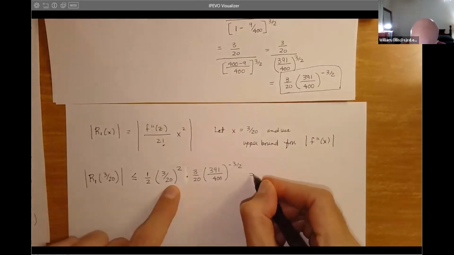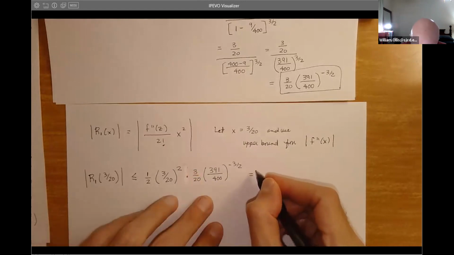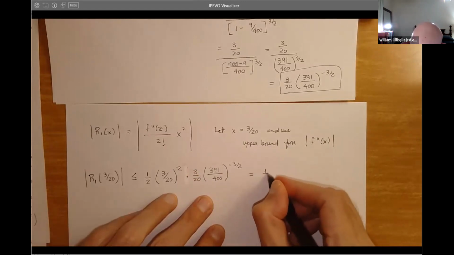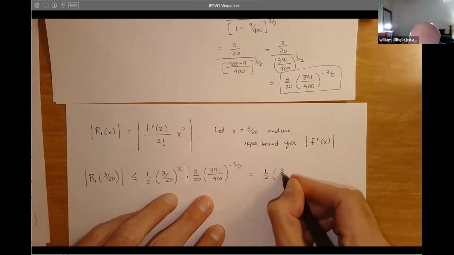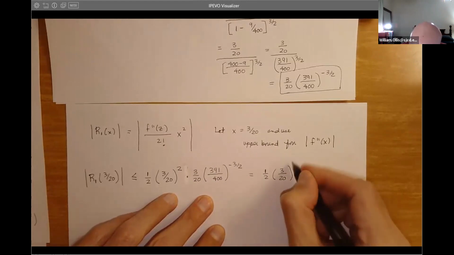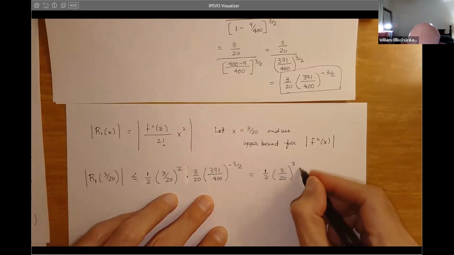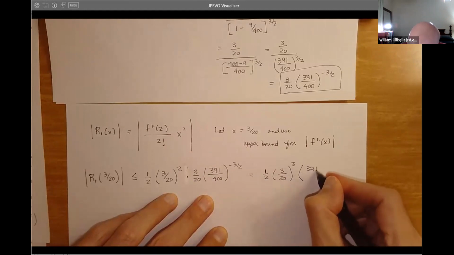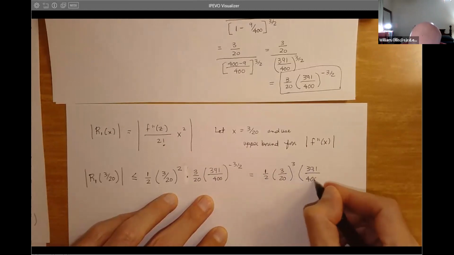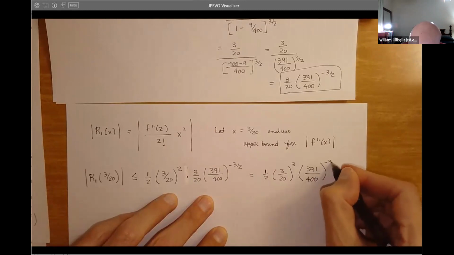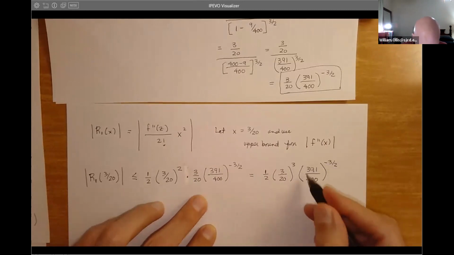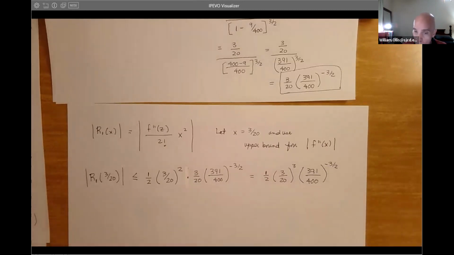So now let's put all the powers of 3/20 together. This gives us 1/2 times 3/20 cubed times 391/400 to the -3/2. This is what I wanted to spend more time on, because this is not a simple construct.